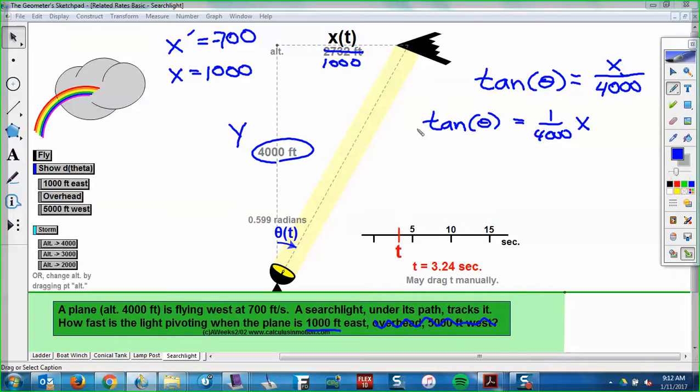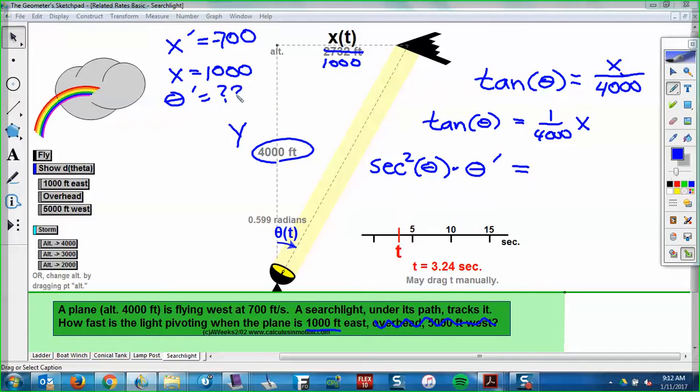Okay, so let's do our derivative. So now we do the derivative with respect to t. What's the derivative of tangent theta? Secant squared theta times theta prime, right? Everything's a variable. Theta, x, y, all that stuff, right? We got to tack on a theta prime because that's what we're trying to find. That's what I should have written over here.